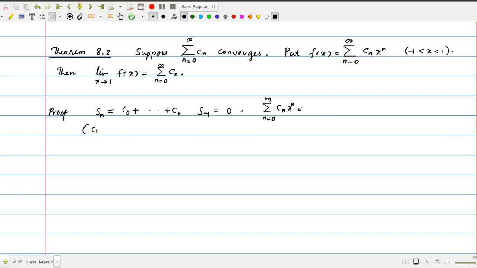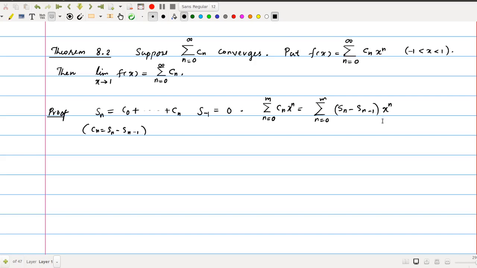From this definition you can write it like this. Then substitute that value here: summation n equal to 0 to m, the Cn can be written as Sn minus Sn minus 1, into x raised to n. So this is the substitution.